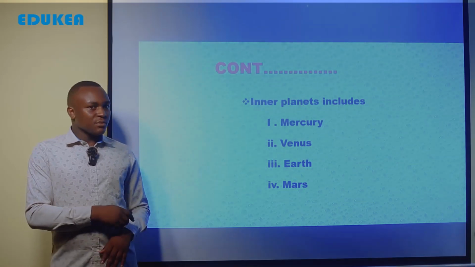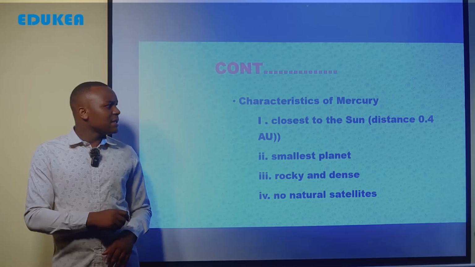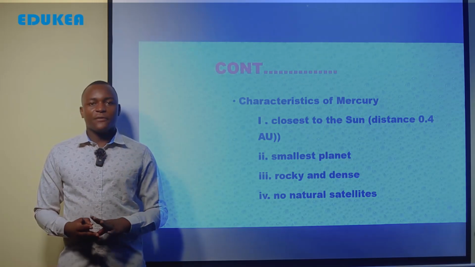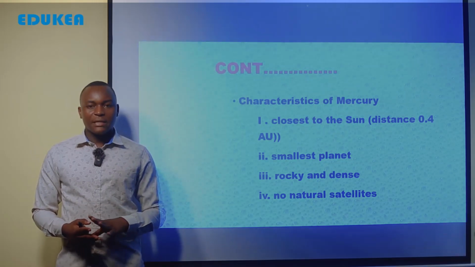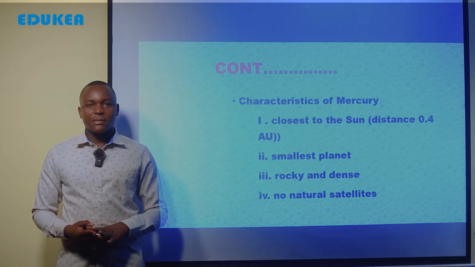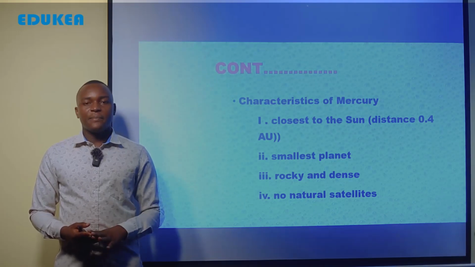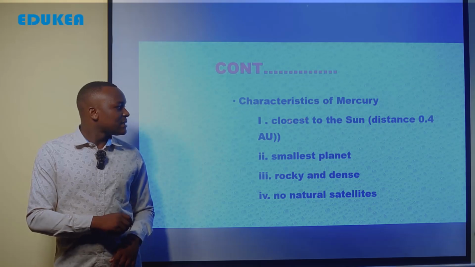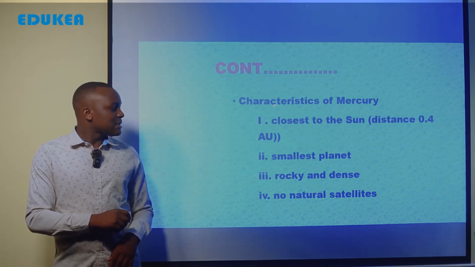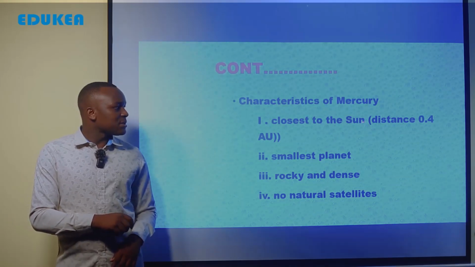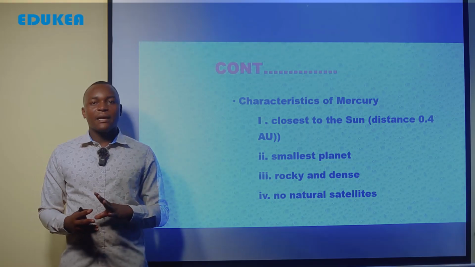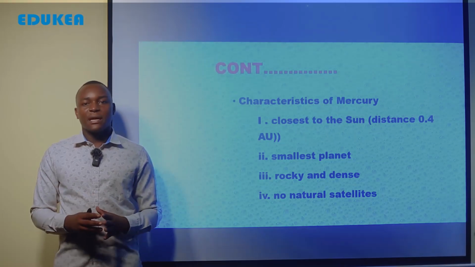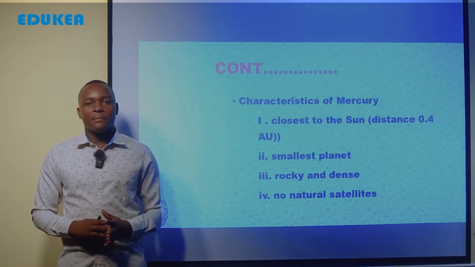So let's look at the characteristics of those 4 inner planets, starting with the first inner planet, Mercury. Characteristic number 1, closest to the sun. Kwamba Mercury ipo karibu sana na jua, ndio sayari pekee iliyo karibu sana na jua.